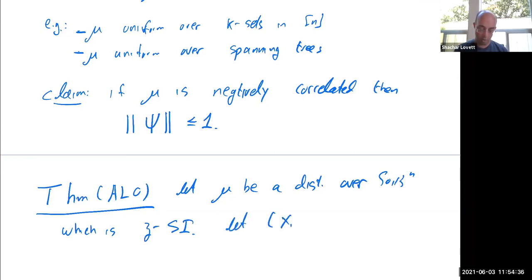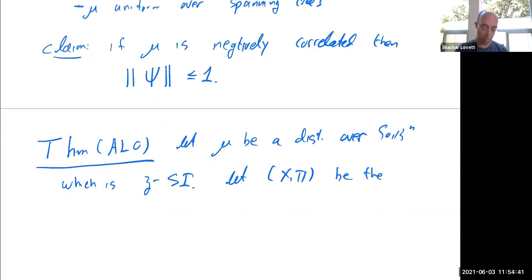Let X pi be the corresponding weighted complex.